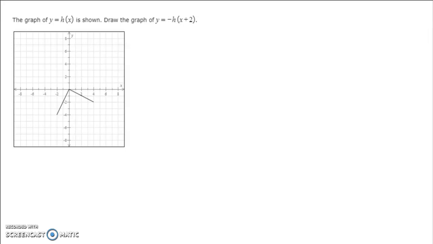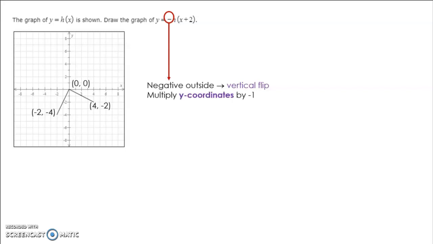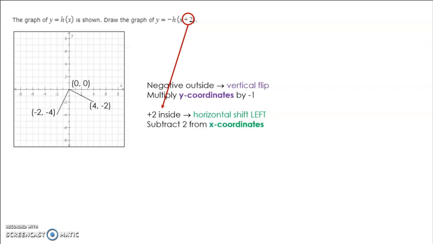So we're going to start the exact same way with our ordered pairs. But notice in our new function here, we have 2 things happening. First, we have a negative outside, which is a vertical flip, which tells me I'm going to multiply my y coordinates by -1. I also have a +2. And if I have a +2 on the inside, that's a horizontal shift to the left, which means I will subtract 2 from the x coordinates.